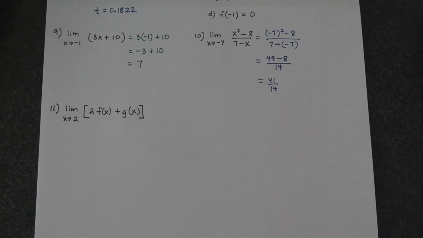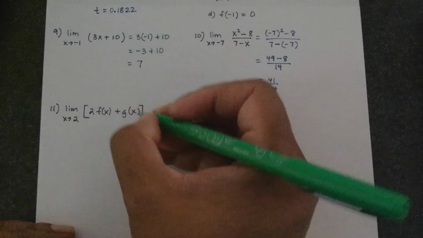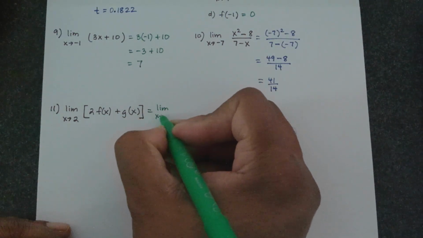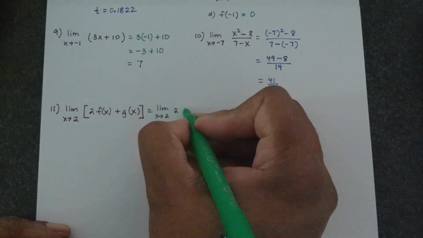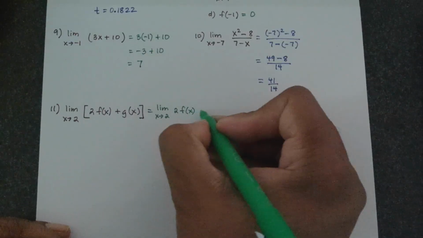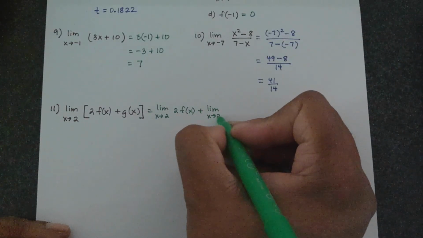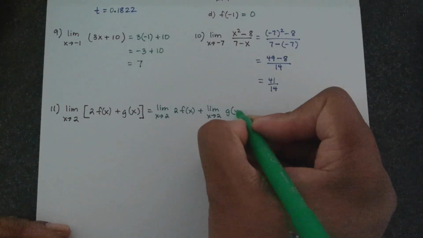Well, we got the limit of a sum, that can be written as the sum of the individual limits. So I can write this as the limit as x approaches 2 of 2 times f of x plus the limit as x approaches 2 of g of x.